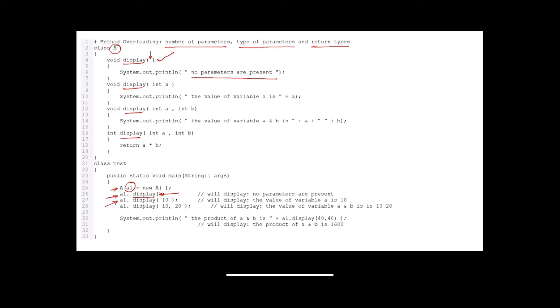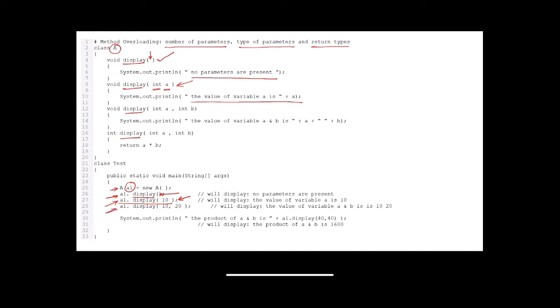In the second line, a1.display(10), it will check that there is only one argument and it is of integer data type. It will search for a function which has just one argument of integer data type, so the answer printed will be the value of variable a is 10.